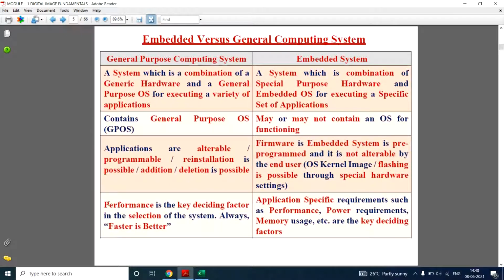In a general purpose OS, performance is the key deciding factor in the selection of the system. Always, faster is better. Whenever we are using a general purpose computing system, we do not think of any parameters other than performance. For example, whenever I want to buy a laptop or computer, I just want it to be faster.